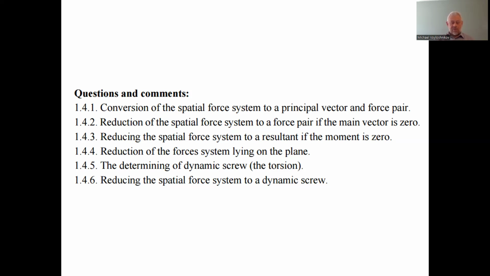To reduce the special force system to a dynamic screw, we usually use the concept of balanced forces. So if you have the main force acting on the mechanical system and the main moment, we decompose the main moment into a pair of forces, one of the same magnitude as the main force.